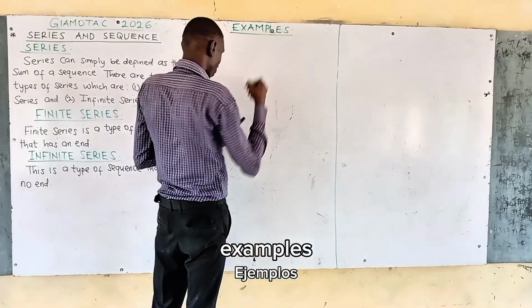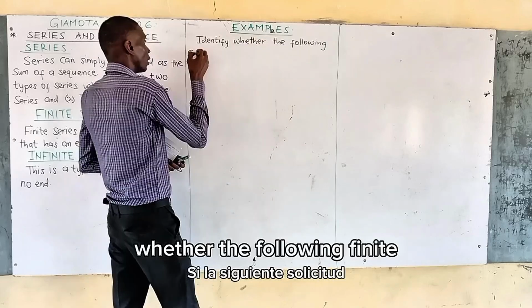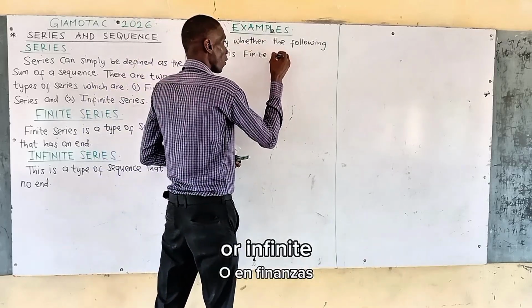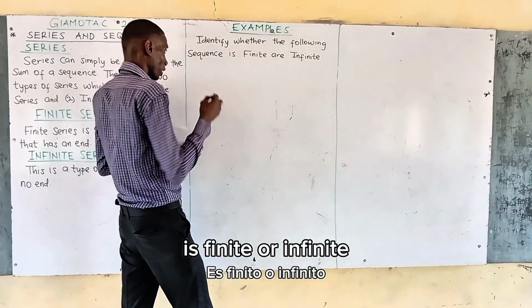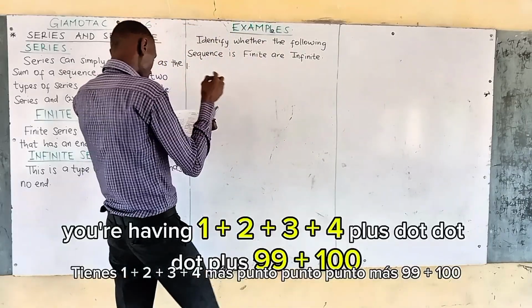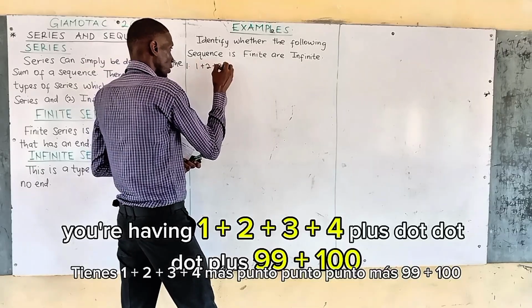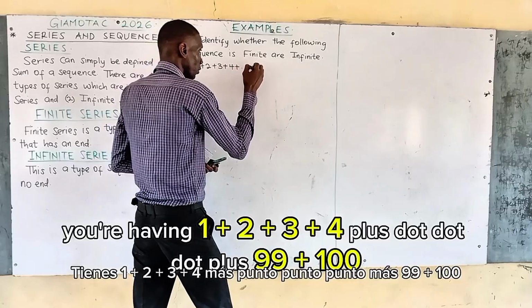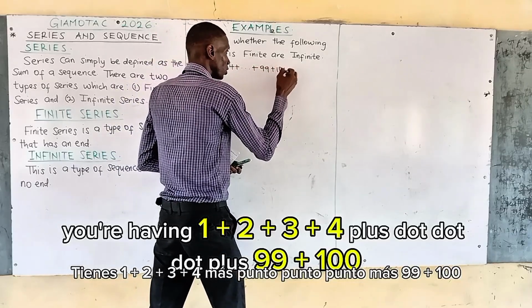Examples. Identify whether the following sequence is finite or infinite. Number one, we are having 1 plus 2 plus 3 plus 4 plus ... plus 99 plus 100.